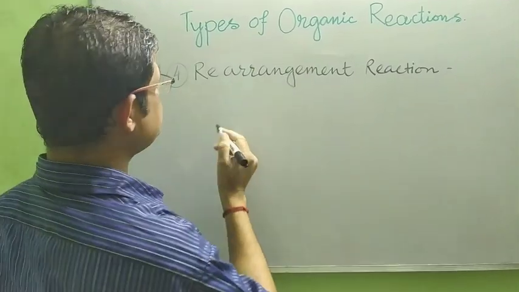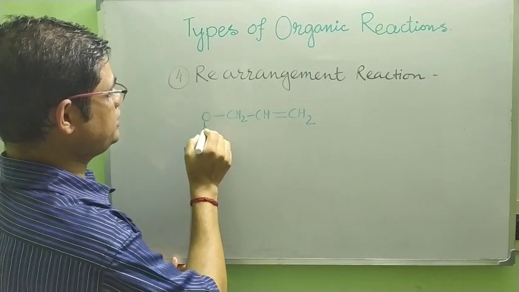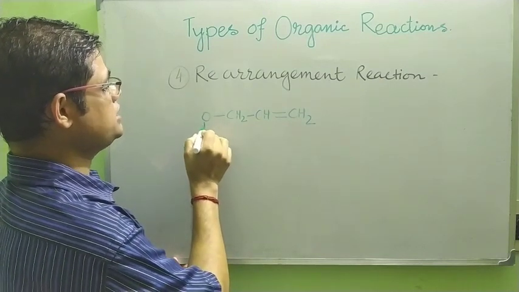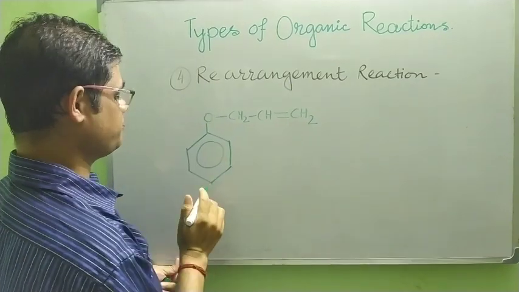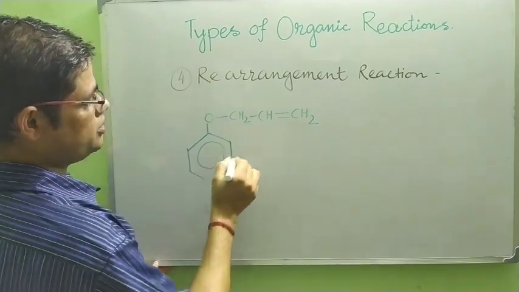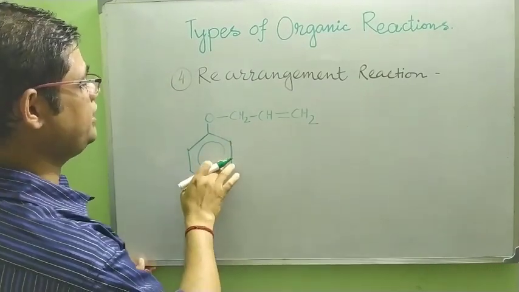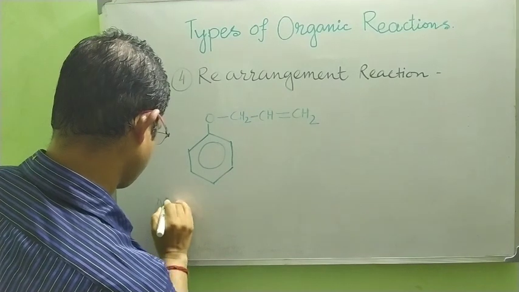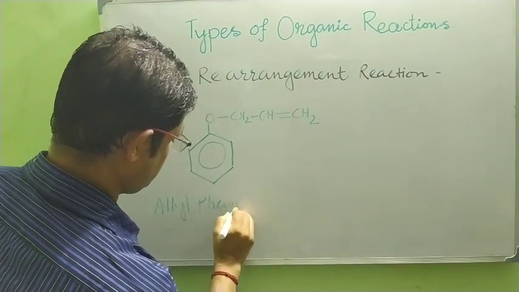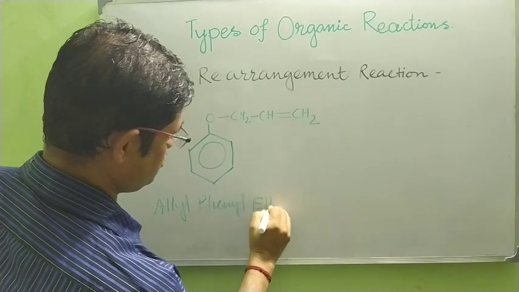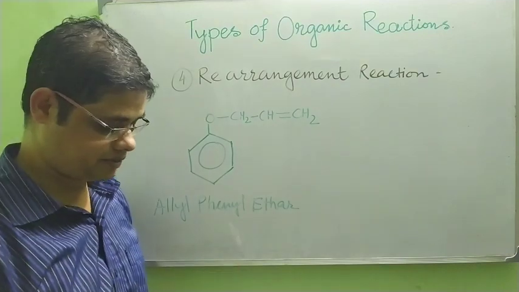Here we can take another example. It is an allyl group, and here the functional group is alkoxy, O, alkoxy. So the compound is allyl phenyl ether.